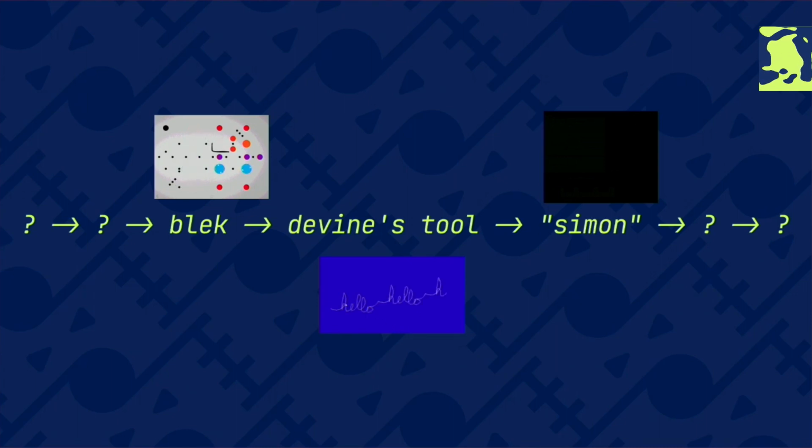Making music with a tool is a different space in itself as well. So there were things before Bleck, and there will hopefully be things after Simon. And I think this idea, which is also a documentary, sums it up very nicely.